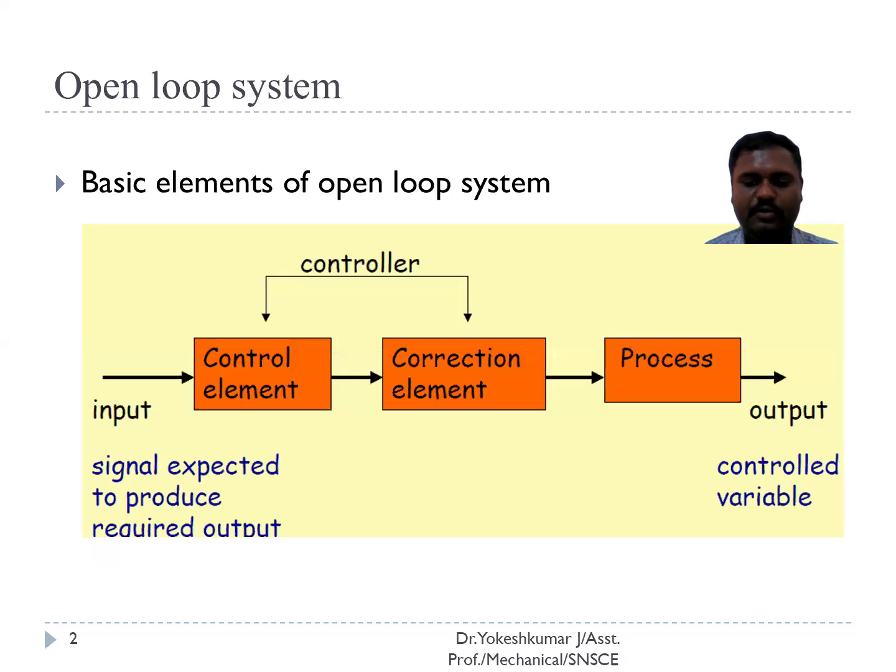This kind of control system is very common in domestic applications, the appliances we use in our home. For example, take an electric iron box. We have a temperature controlling unit. According to the type of cloth we are going to iron, we set the temperature, like wool, cotton or rayon.